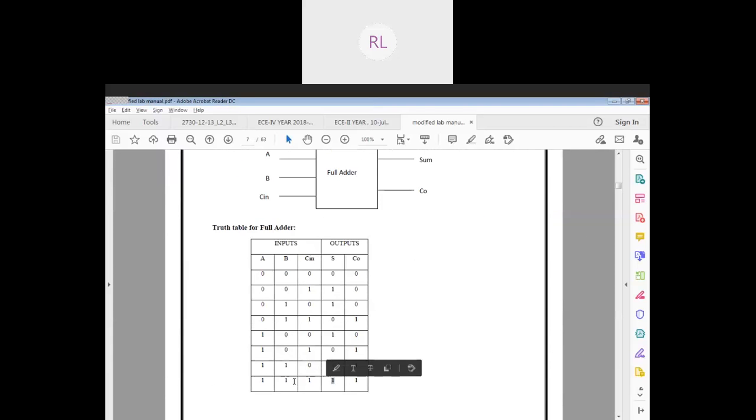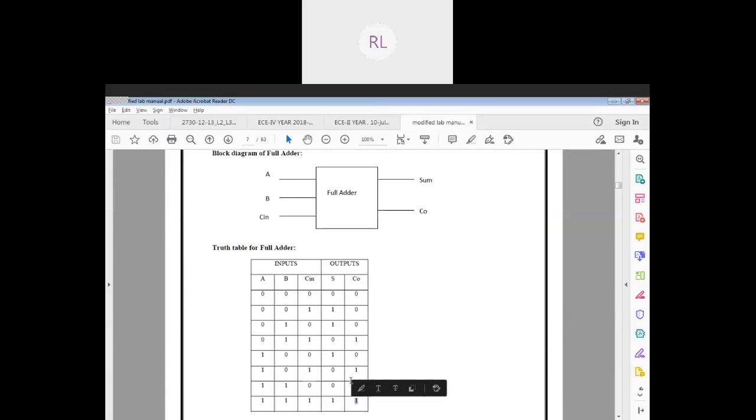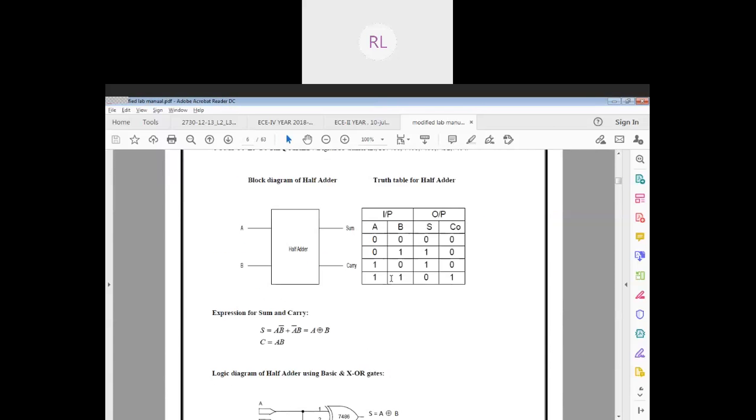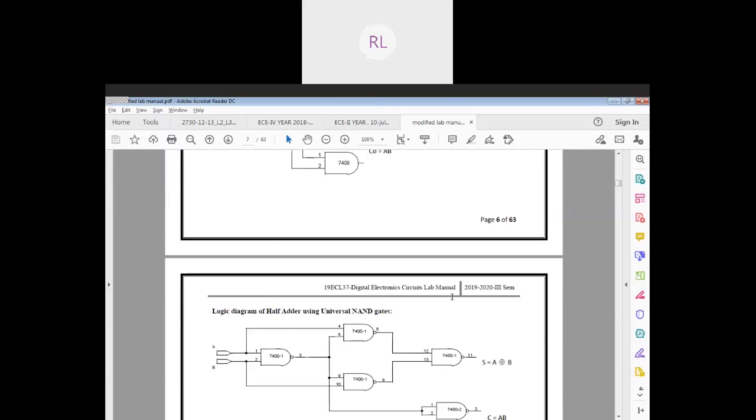Here I am limited to only A and B, but here I can extend it to another one, which is C. Here also my outputs are going to be sum and carry. Since it's 3 inputs, you all know that it's going to be from 000 to 111. Those are going to be the combinations.